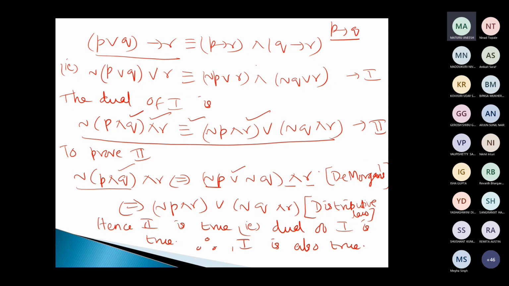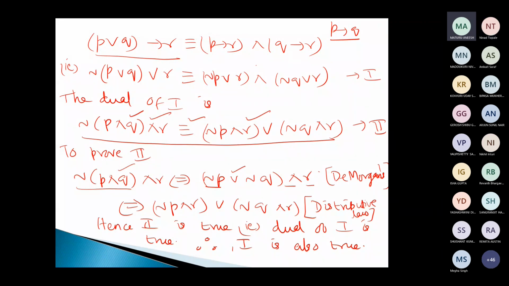If I am saying P or Q is true, it will not imply that P and Q is true. Please, everybody, please be careful. P or Q is a statement. P and Q is a statement. Both are duals of each other. They need not be true. But if one equivalence is true, the dual of that equivalence is also true. Everybody got it?